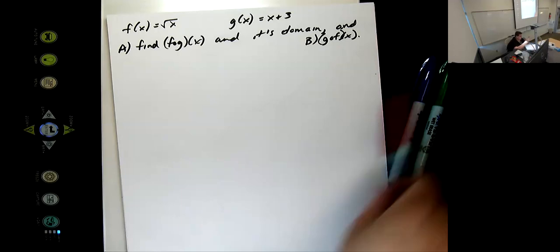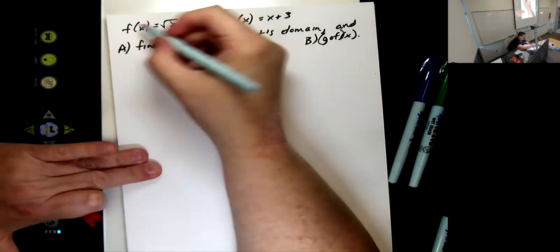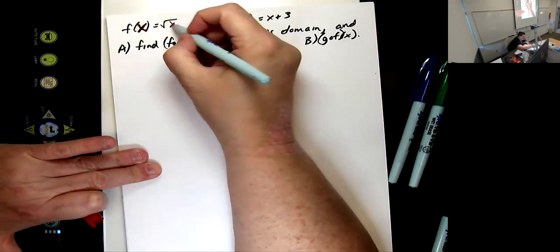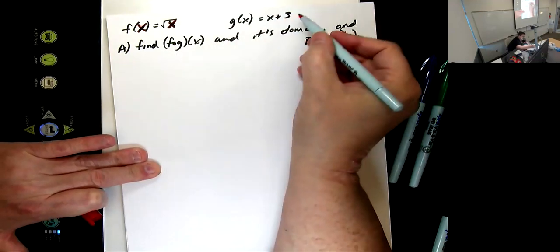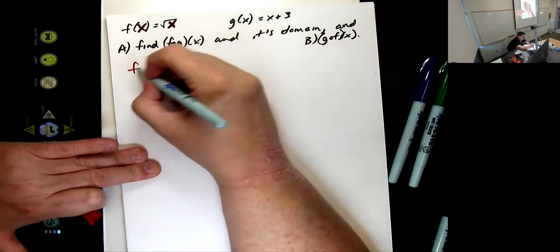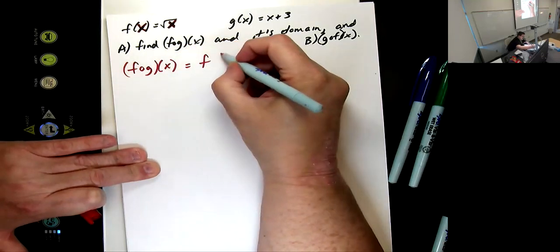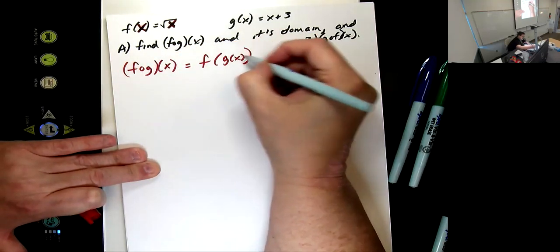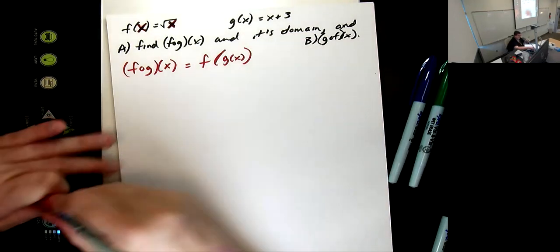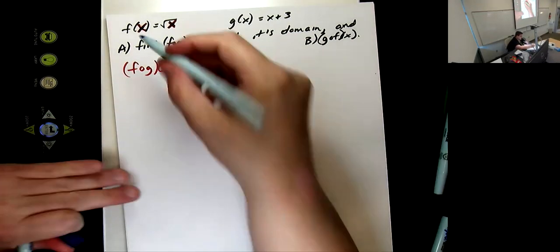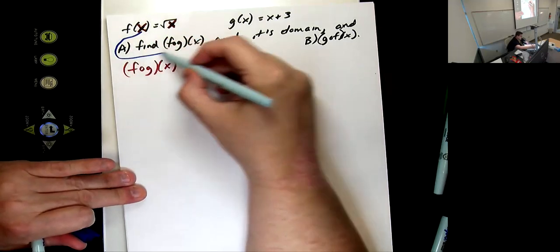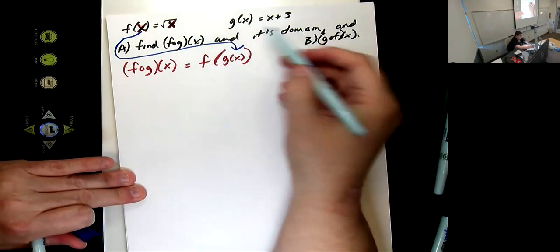All right, so this x here is the same as this x here. So f of g of x is really f of g of x, and that's the same as my x right there and there.